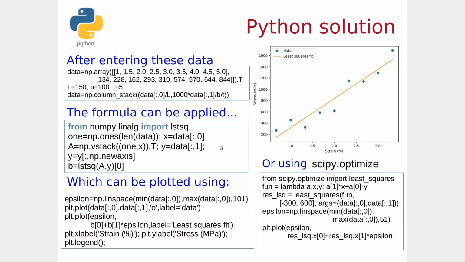And finally, I've said epsilon is again the same as before, and then I've plotted epsilon against the least squares result, the result of the least squares x1, x2, because the attribute x will give me the actual results of the least squares. So either method should give us the same result, and hopefully that's something that you can verify nicely within the workshop sessions to come.